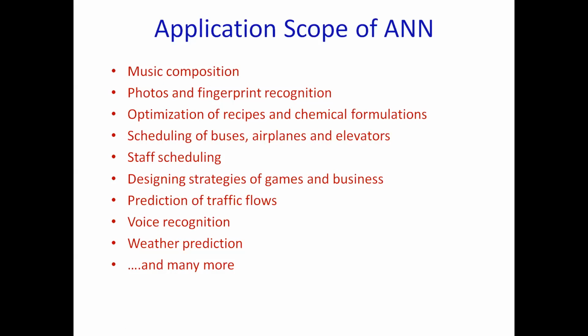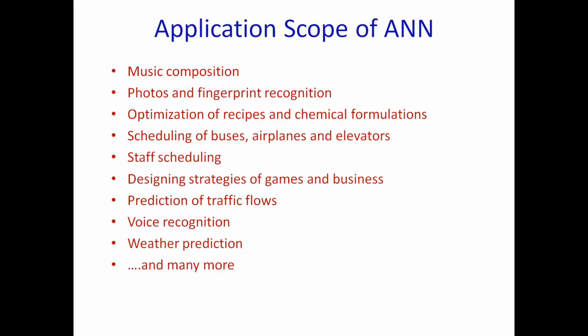Staff scheduling requirements for restaurants, retail stores, banks, police stations, etc. could be predicted based on the customer flow, or you can say day of week, paydays, holidays, weather, season, etc.